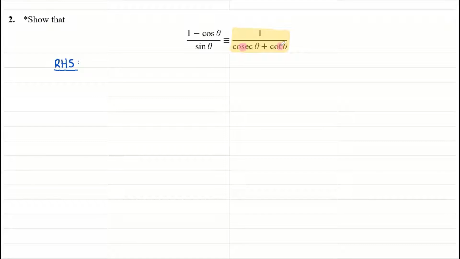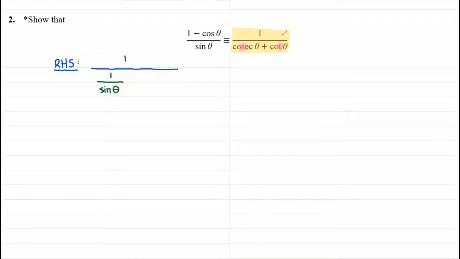So we know cosec is, of course, 1 over sine, and cot usually is 1 over tan, but because I want to be dealing with coses and sines, I can write it as cos over sine. So that's what I'm going to do. So for the first bit, we're going to say, okay, the right-hand side is going to be exactly the same as 1 over, and I'll make the first substitution for cosec, which is, of course, 1 over sine theta, right there.